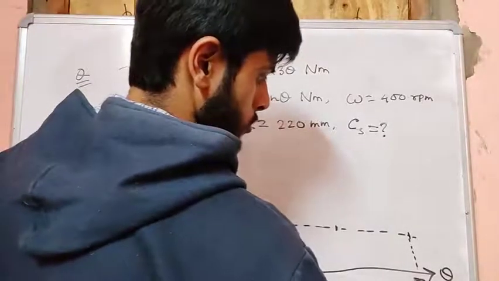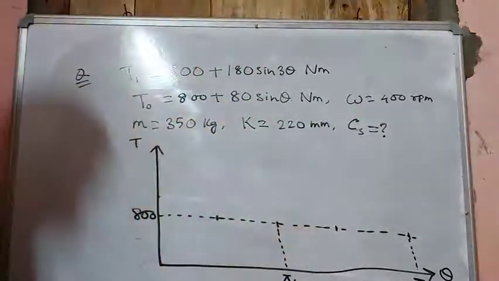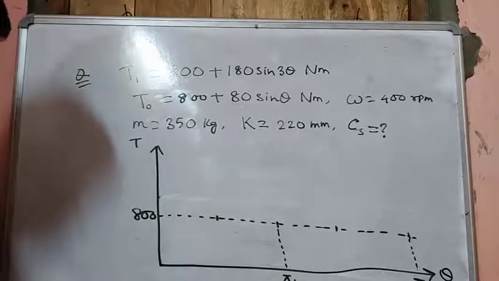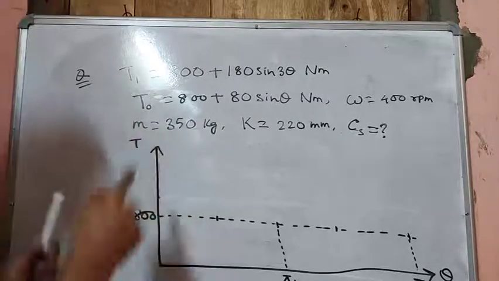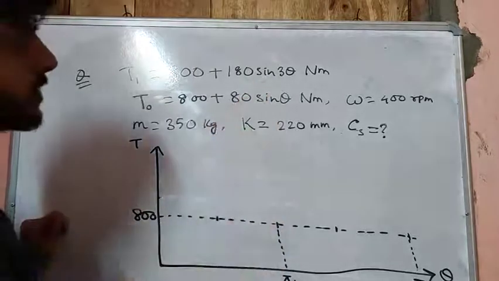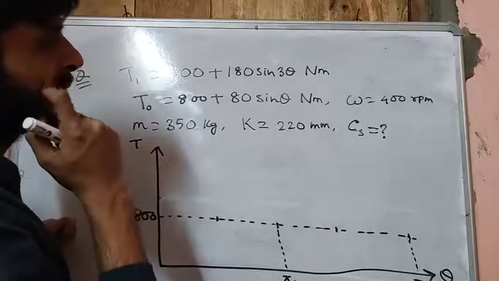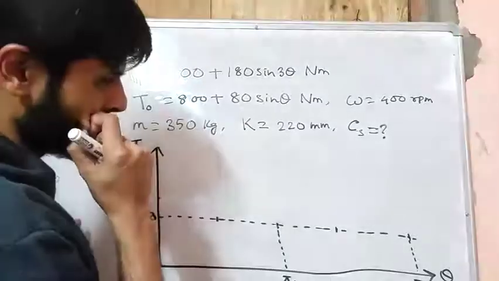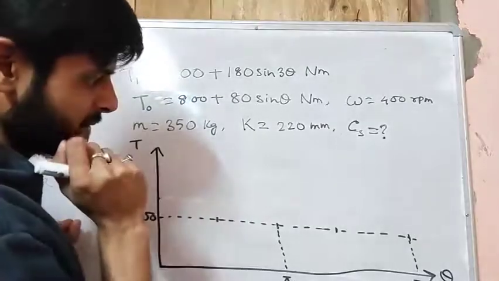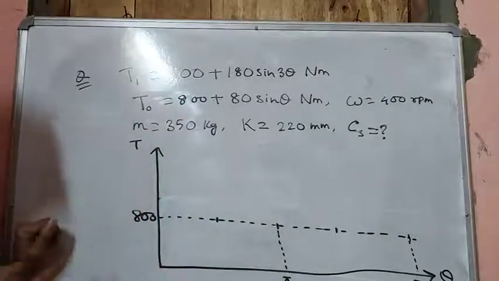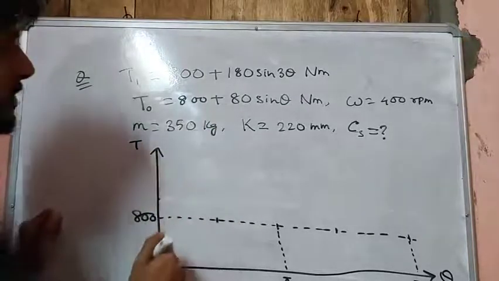How will this graph look? It will have 3 peaks, with a period of 2 pi by 3, that means 360 by 3, 120 degrees. So this graph will be something like this.